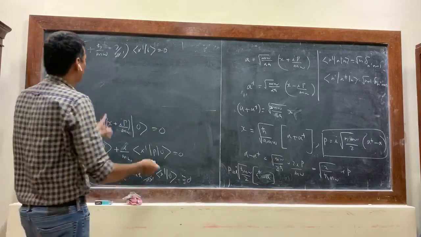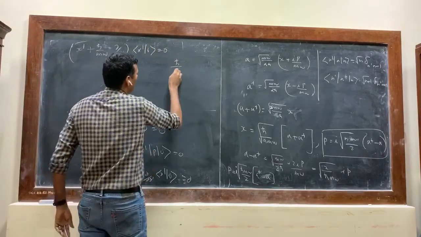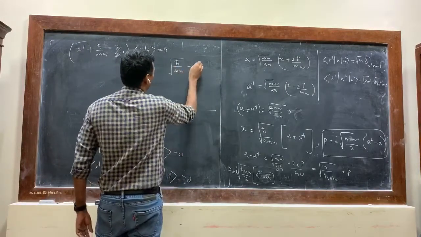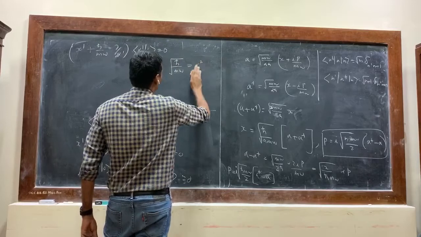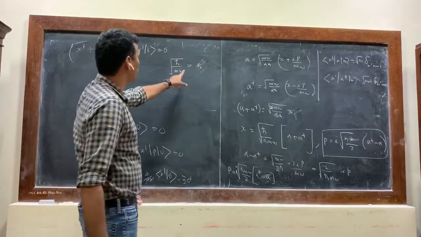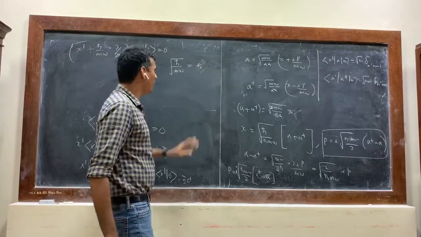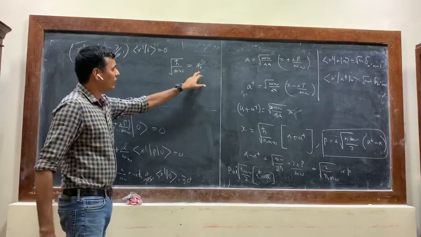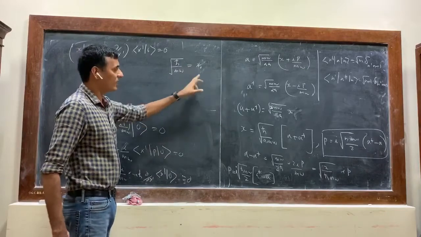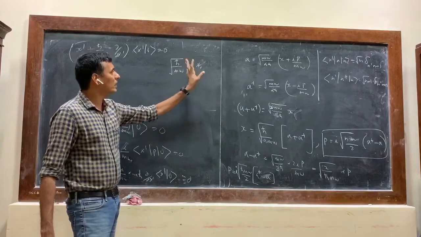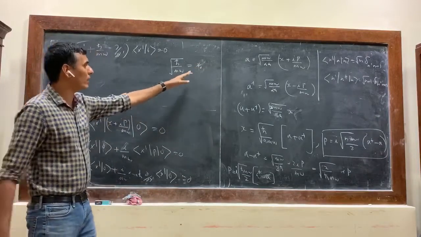And for the time being, let's call h cut by m omega, square root of h cut by m omega, as x0 square, x0, just for a length scale. Think about it: what sort of length scale is this?